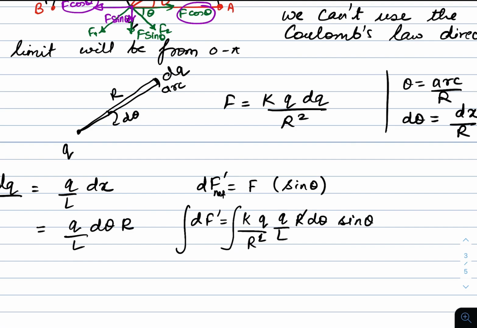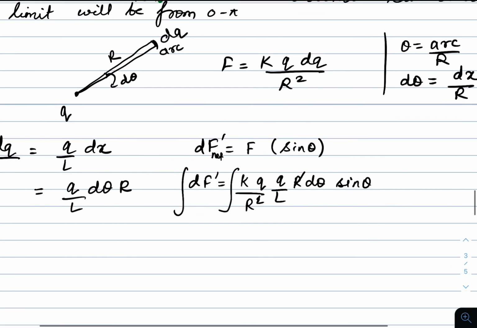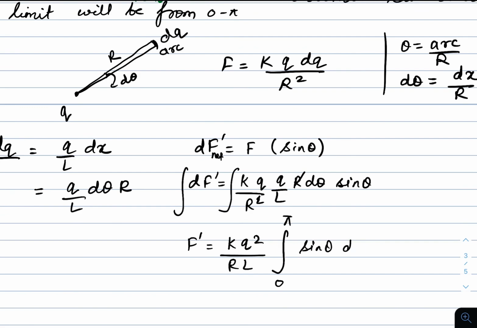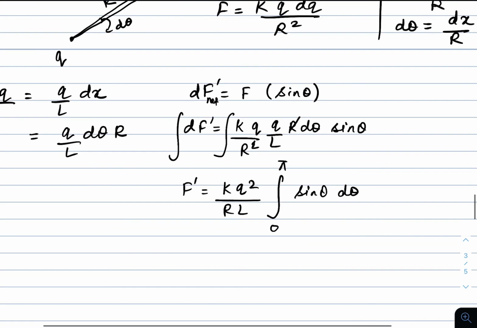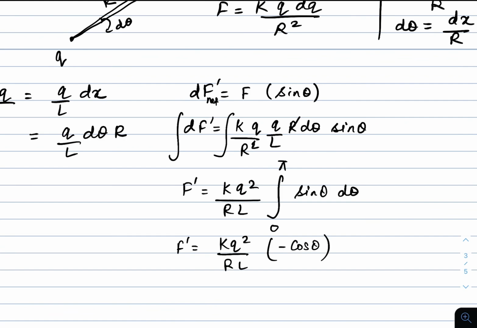Integrating both sides, what we are left with is F dash equals K Q square by R L, which is constant and will be out, and the limit will be 0 to pi of sin theta d theta. Now the integration of sin theta is minus cos theta. So F dash is equal to K Q square by R L into minus cos theta, and the limit will be 0 to pi.